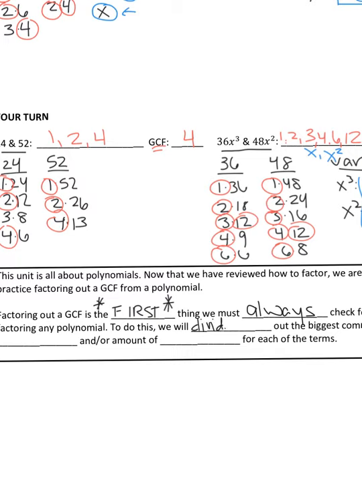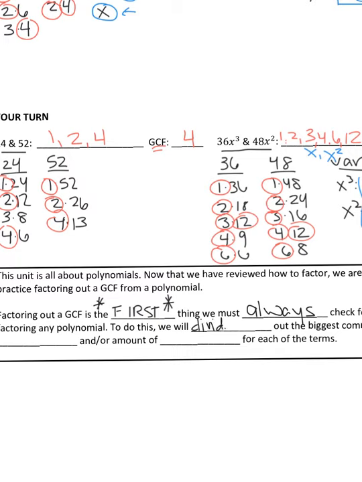The greatest common factor is the number and or the amount of variables. Up above, we were finding the number and the letters for each of the terms. So factoring out a GCF is the first thing we must always check for when factoring any polynomial. To do this, we will divide or factor out the biggest common number and or amount of variables.